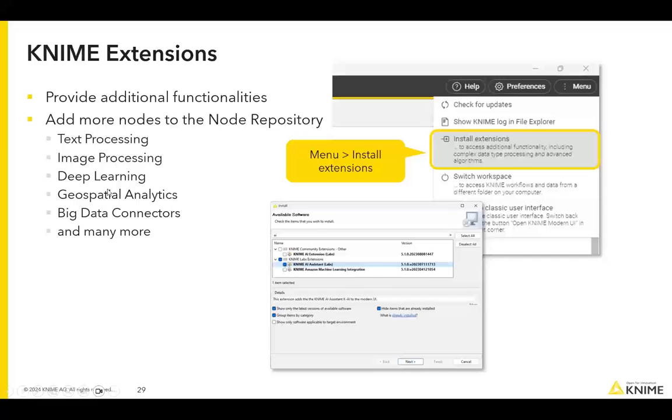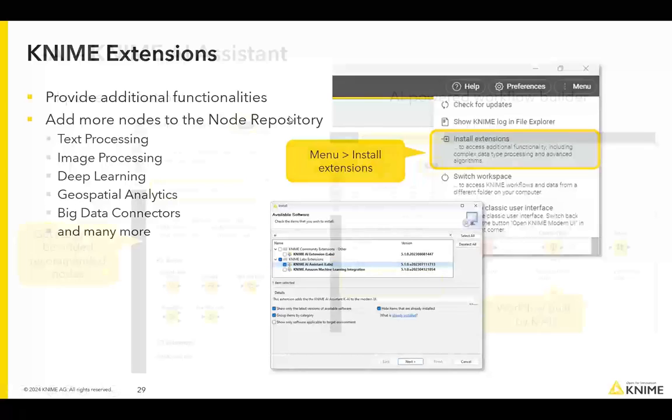We have extensions for deep learning, geospatial analytics, and many, many more. To install them, you can click on preferences, on menu, and then on install extensions, and you can just search for extension and install it, and it will then be available on your local machine as well.